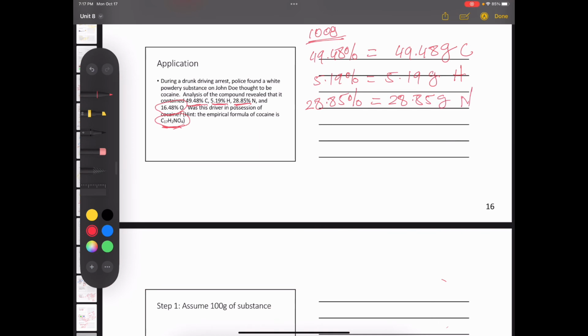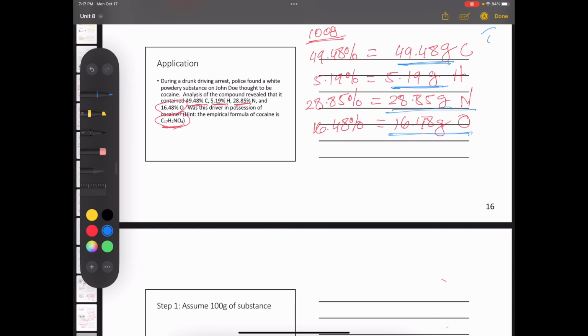For the oxygen, the 16.48% would equal 16.48 grams of oxygen. So now I have the mass of every single element that is found as part of the decomposition of that unknown chemical compound.